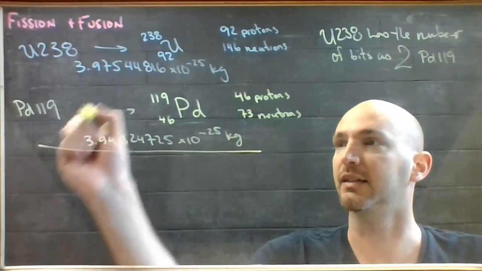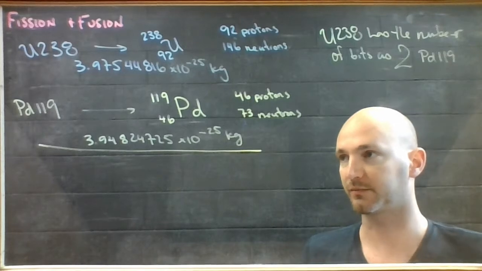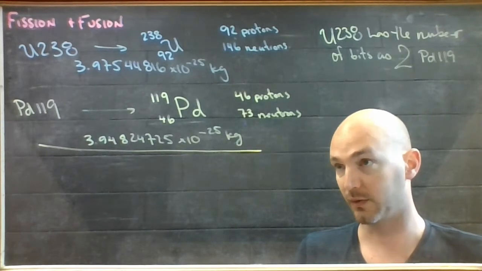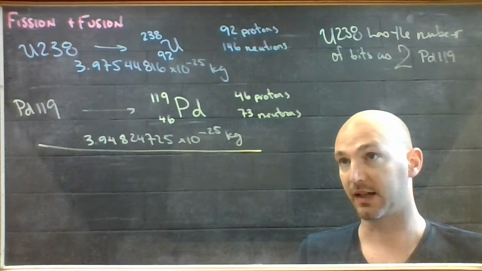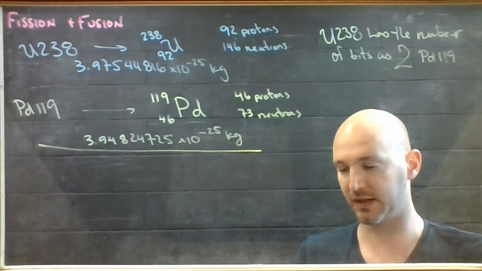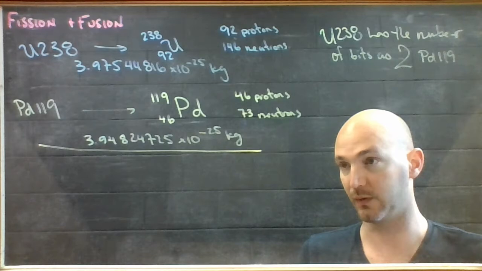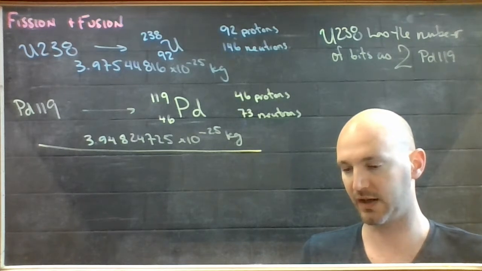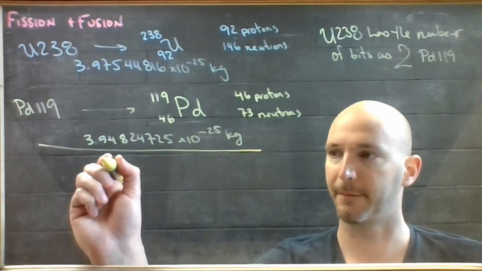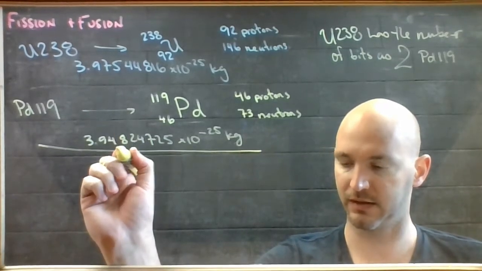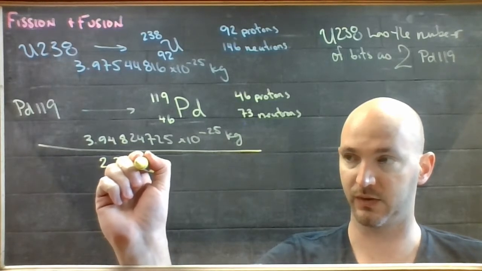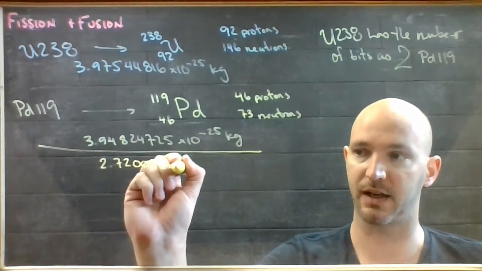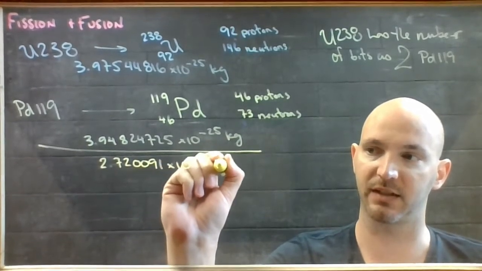So I'm going to take this and this, and I'm going to subtract them. 3.975444816 times 10 to the negative 25, subtract 3.948244725 gives me 2.72091 times 10 to the negative 27 kilograms.